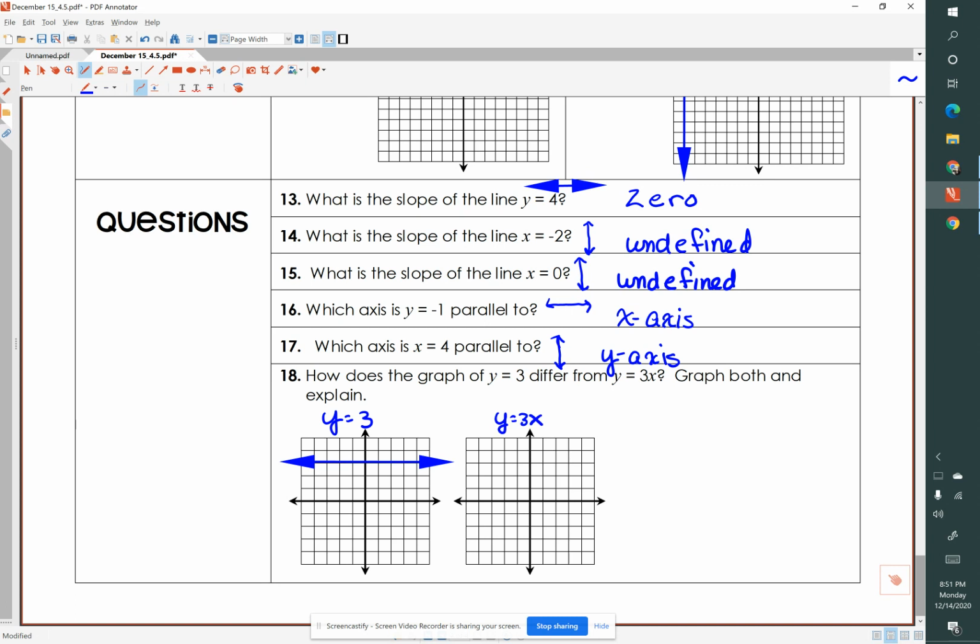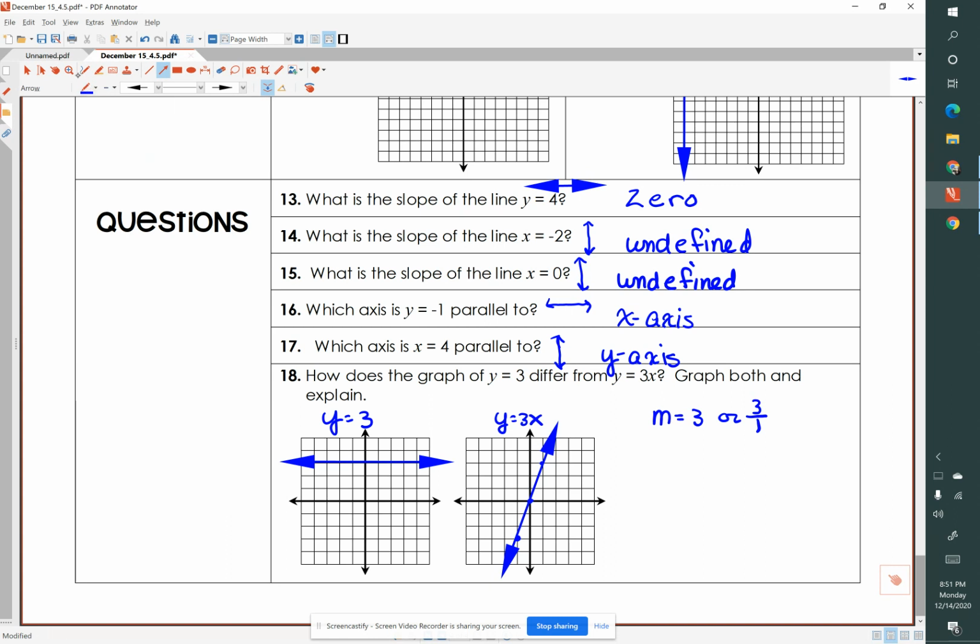Y equals 3x goes through the origin, but it has a slope of 3, or we could think of it as 3/1. So if we start at the origin and we go up 3 and over 1, and we could go down 3 and to the left 1, there's our 3 points, and let's connect them with a smooth line. So that's our y equals 3x.